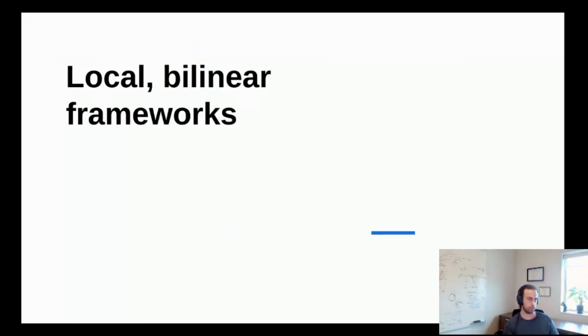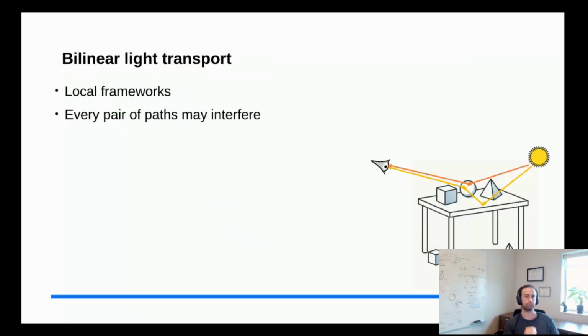These are frameworks that remain perfectly local, but what we did is give up incoherence. This kind of framework exists in the wild, and I will show you. So what bilinearity means is that paths continue to be point-to-point, so they are rays, and we may propagate light particles via some forms of ray tracing, but every pair of paths may interfere.